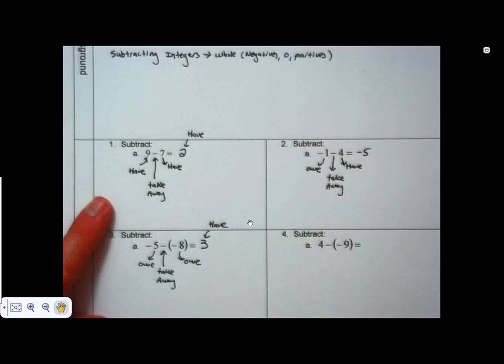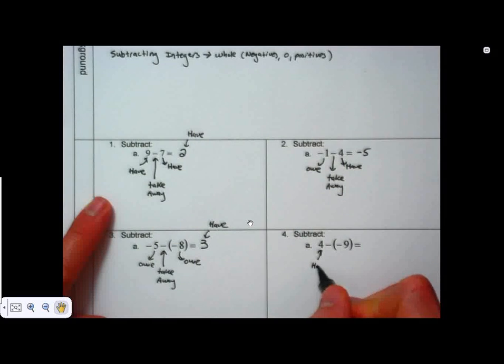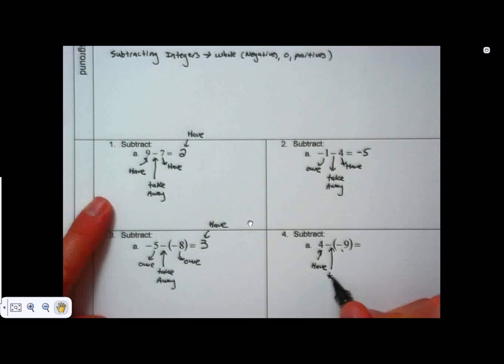Okay, let's try this last one. In this last one, I'm beginning with $4, so I have 4. Again, I'm subtracting a negative, so somebody's taking away debt.